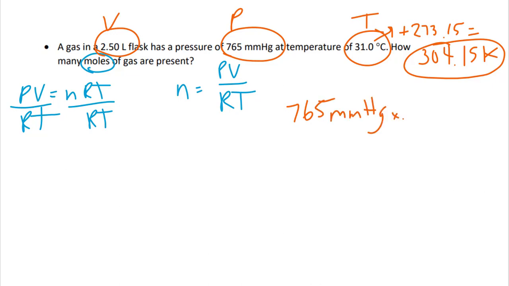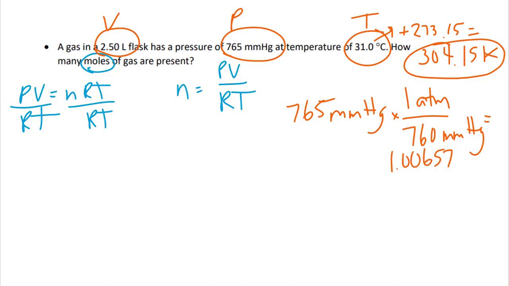And if you look back earlier in your notes, we learned that 1 ATM was equal to 760 millimeters of mercury. So if we do that math, we should get just over 1. And I got 1.00657. I'm not going to round yet until I get to the very end. So there's my pressure. Whew, okay.